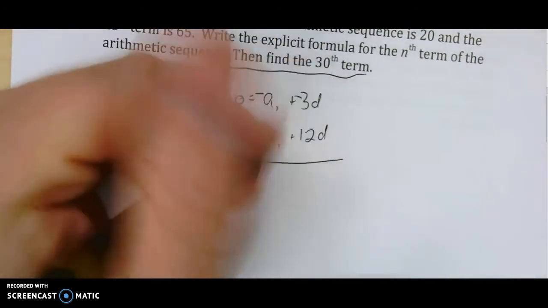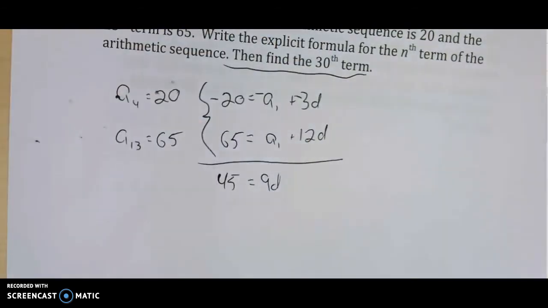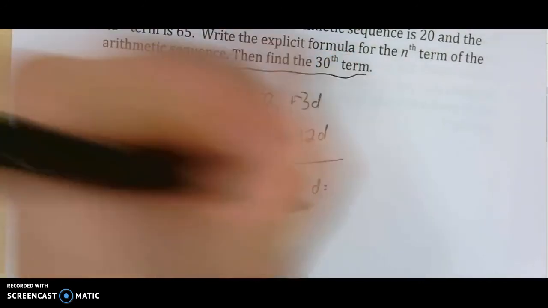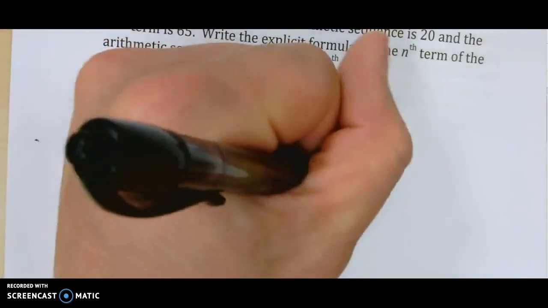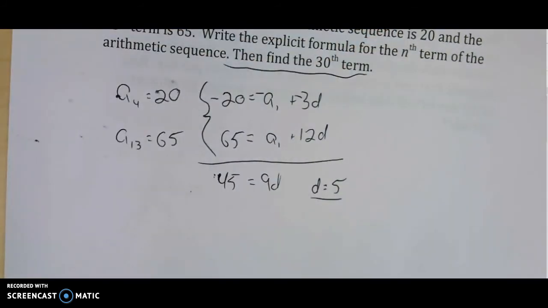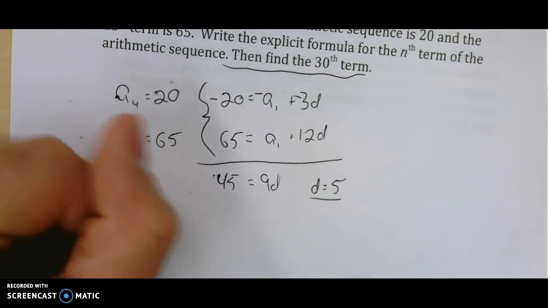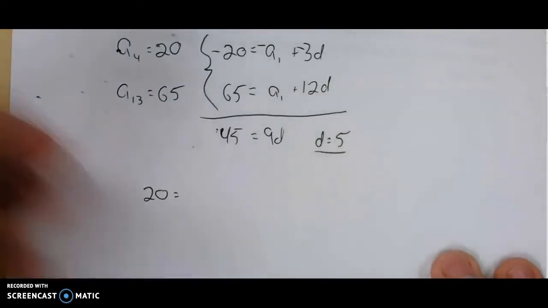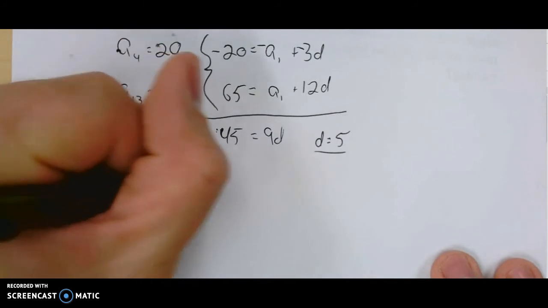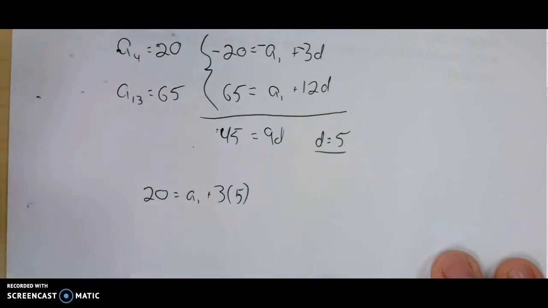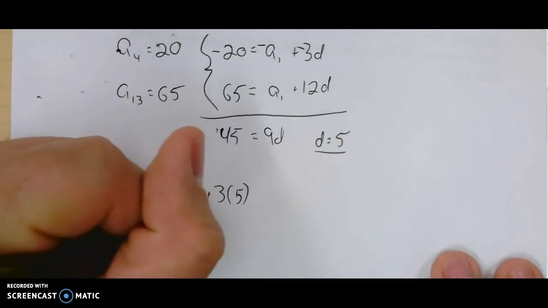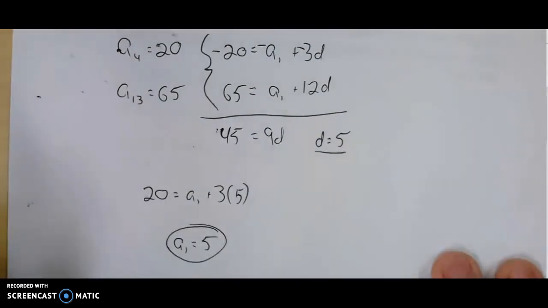A1s cancel out, and then I get 9 times D. Therefore, the difference would equal, let's see, 45 divided by 9 gives me 5. Well, if I know the difference is 5, I can go back to one of the equations. I'm going to use the top one. 20 equals A1 plus 3 times D. In this case, D was 5. And I can work backwards and figure out my first term was now 5.